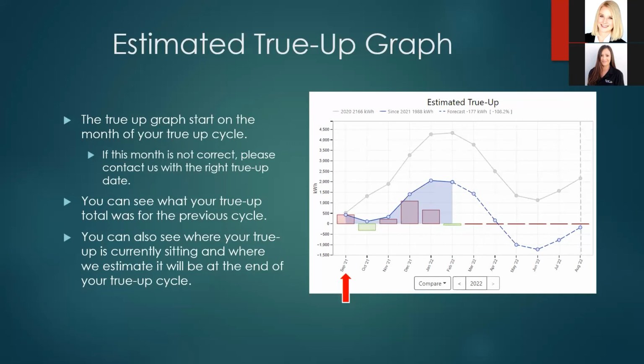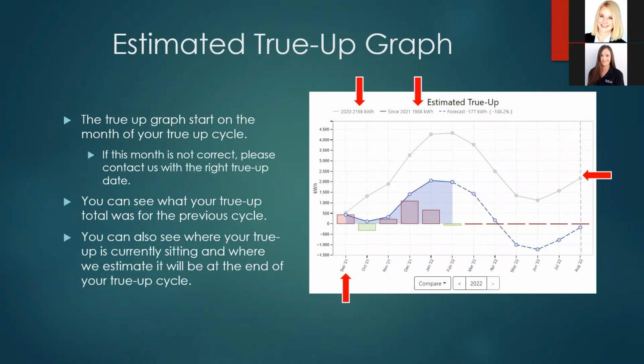Here you can see that I have both years on here for 2020 and 2021. Here, the true up cycle for 2020, I was over by 2,166 kilowatt hours.